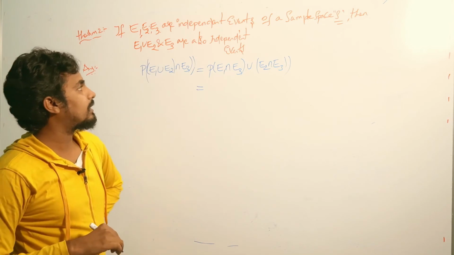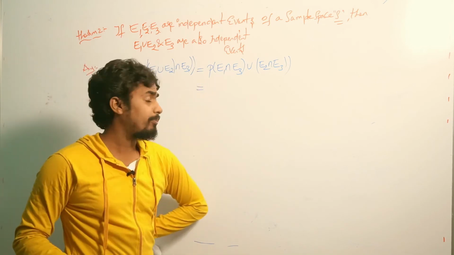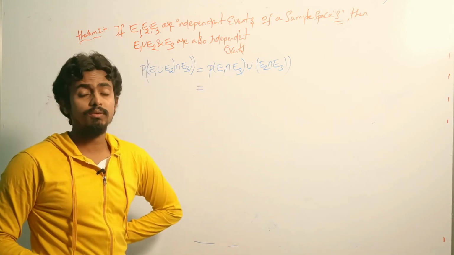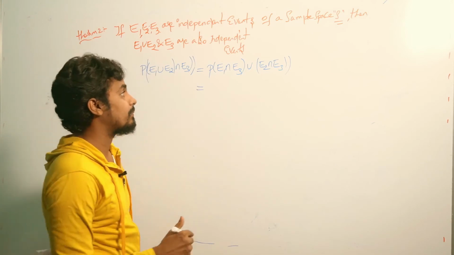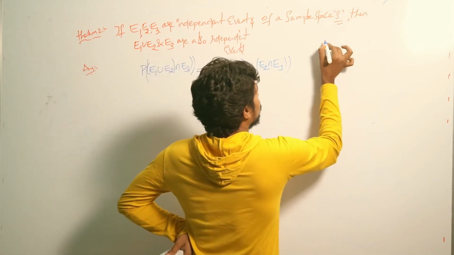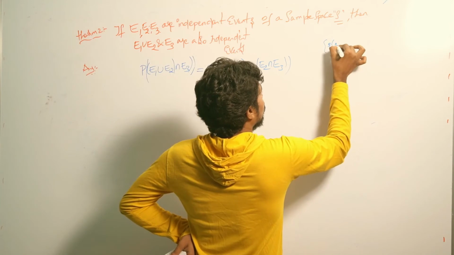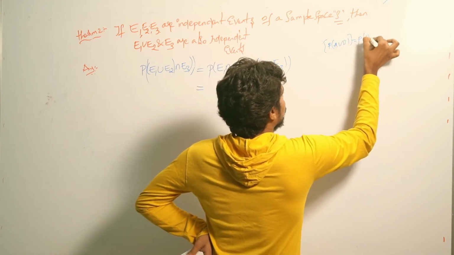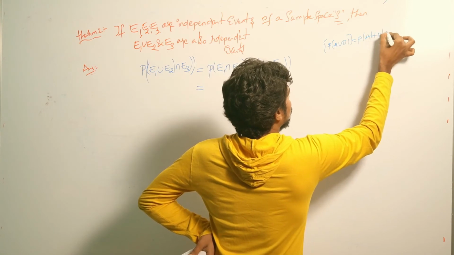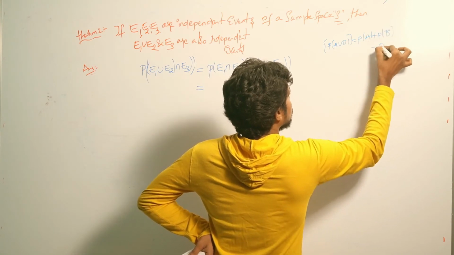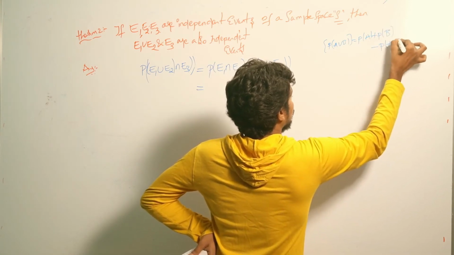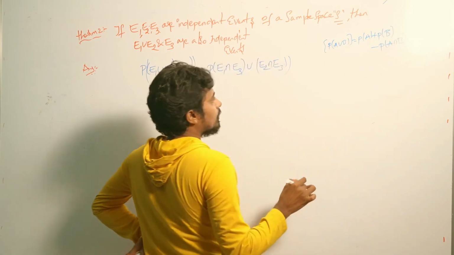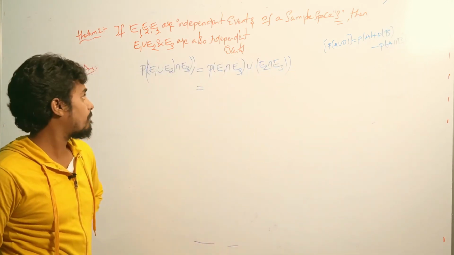if you take this as in P of A union B, what will be the formula for P of A union B? The formula for P of A union B is P of A plus P of B minus P of A intersection B. Apply this formula here.